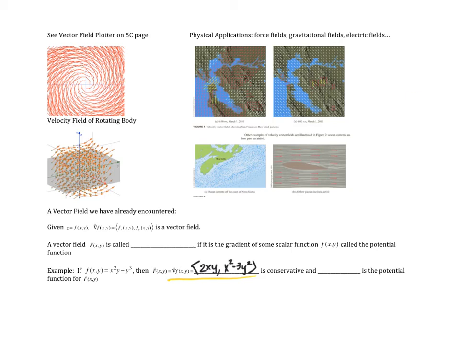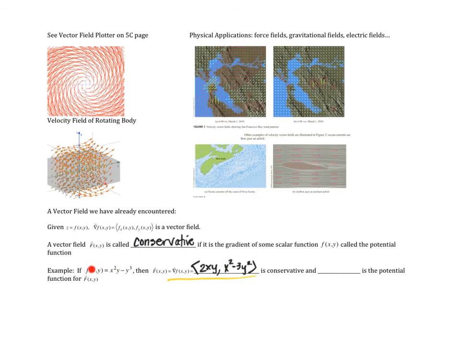Vector fields that are formed in that way, by taking the gradient of some scalar function, have a special name. They're called conservative. A vector field is conservative if it is the gradient of some function. So if I take the gradient of some function to get that vector field, then that vector field is called conservative.